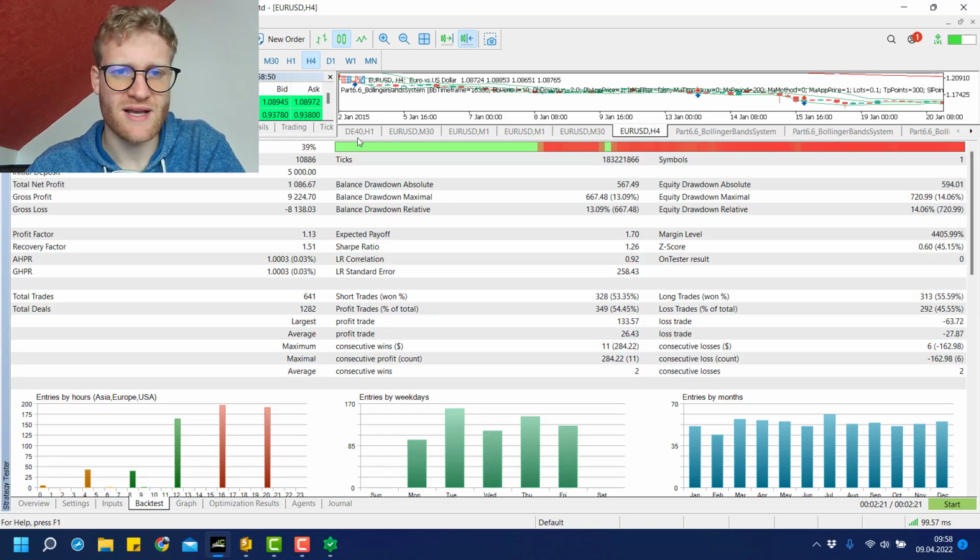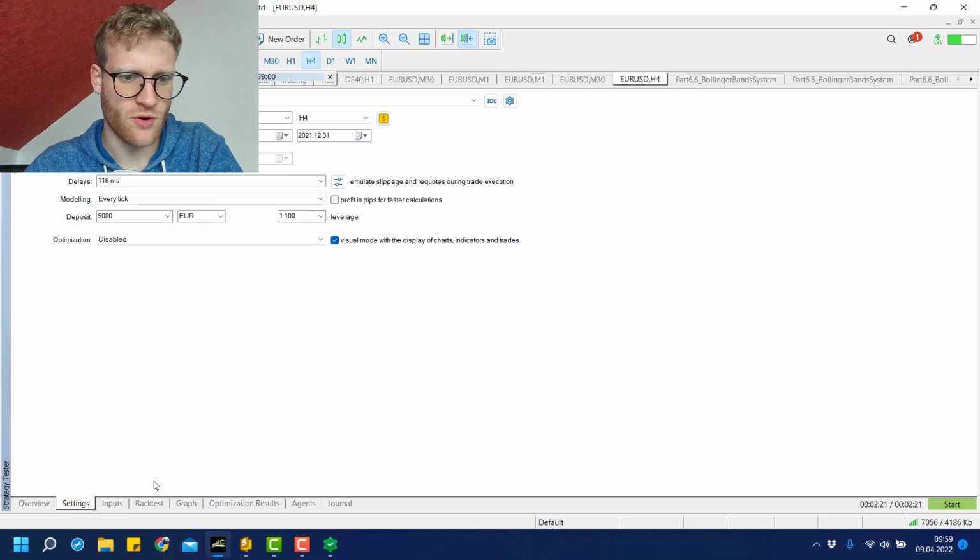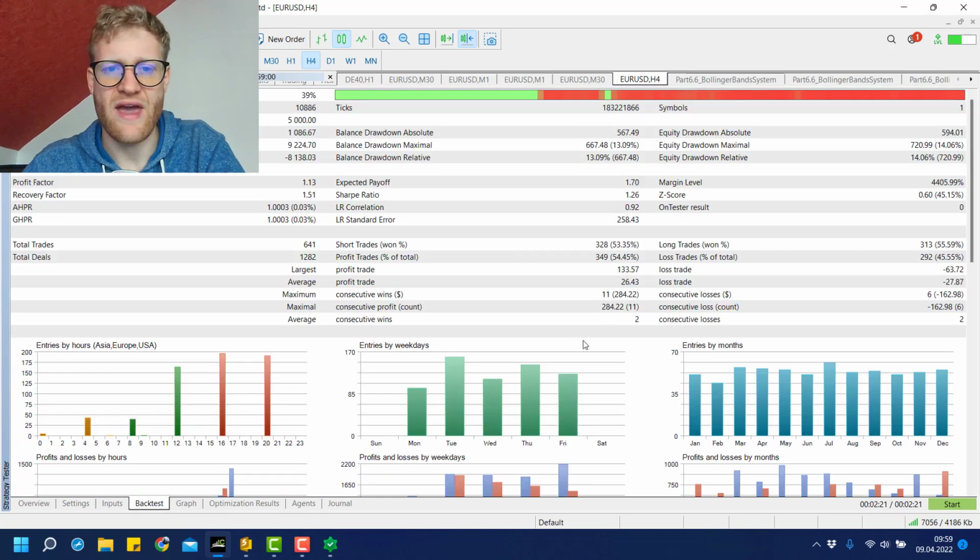And if we have a look at the backtest results here, we can see that we made 640 trades roughly. We have a positive profit factor, and we generate, is it dollar or euro, €1.70 with every single trade if we trade it like this.